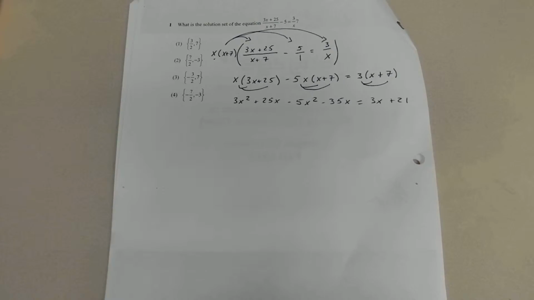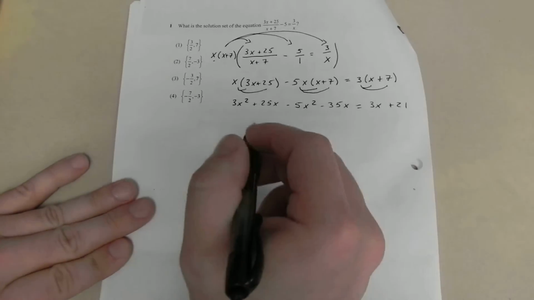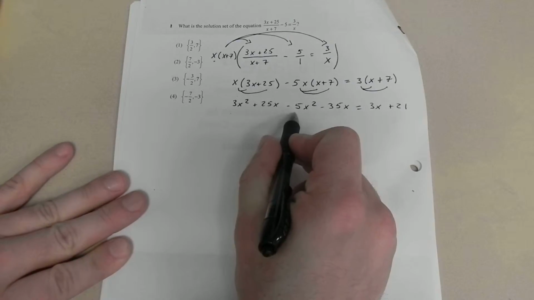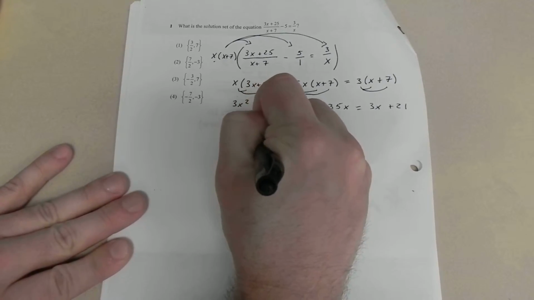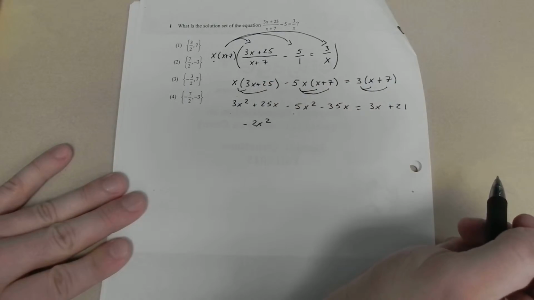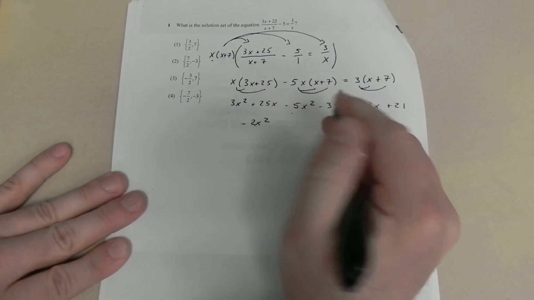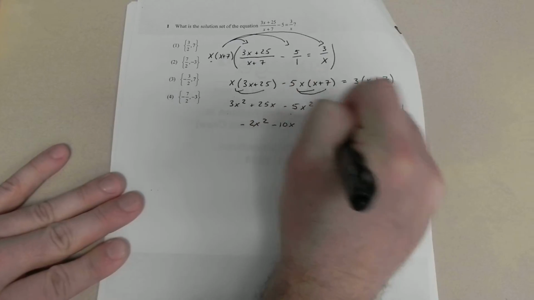So at this point, as I recognize that I have some squared terms, I know I have a quadratic. I'm going to try to get this set equal to 0. 3x squared minus 5x squared is negative 2x squared. 25x minus 35x, negative 10x.